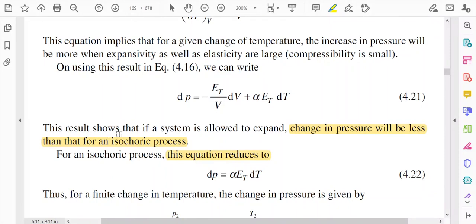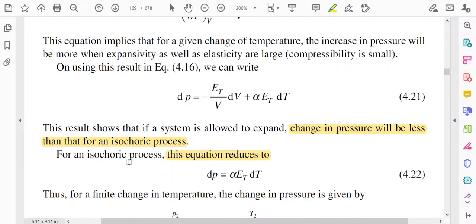This result shows that if a system is allowed to expand, the change in pressure will be less than that for an isochoric process. I am again repeating the sentence, that change in pressure will be less than that for an isochoric process. So how can we understand this line?